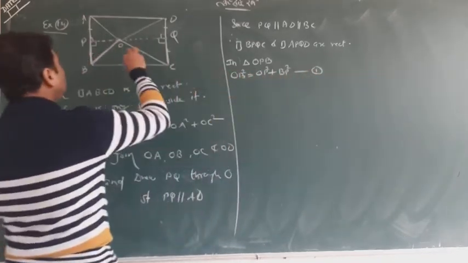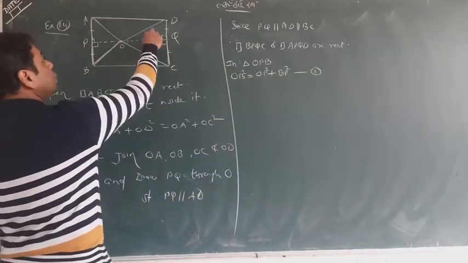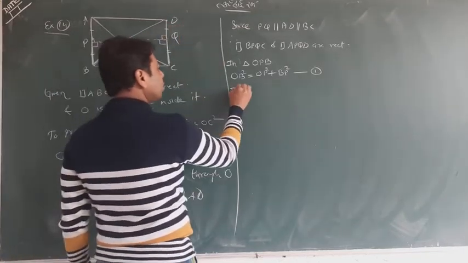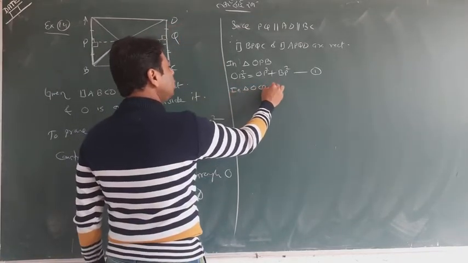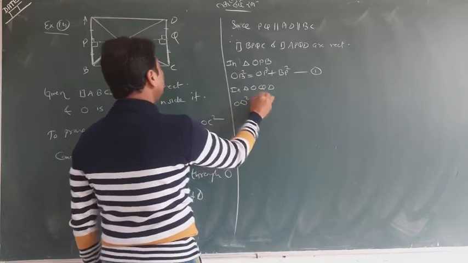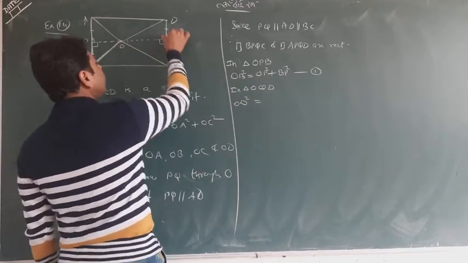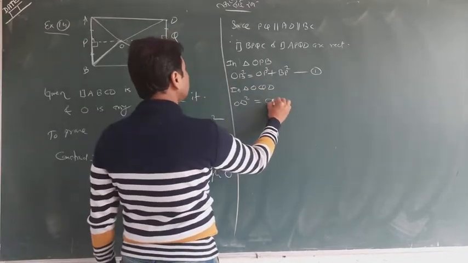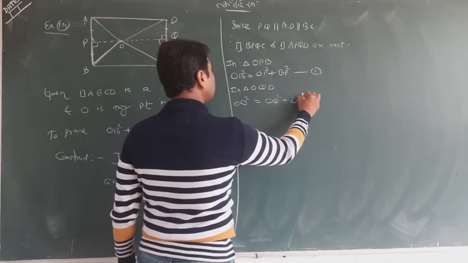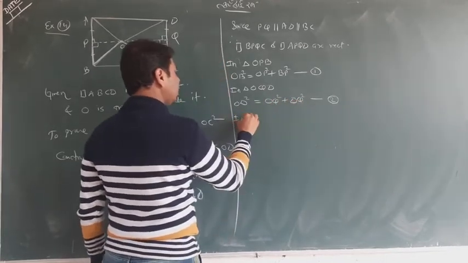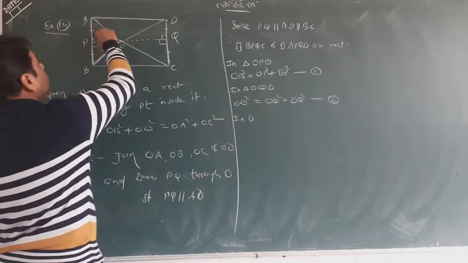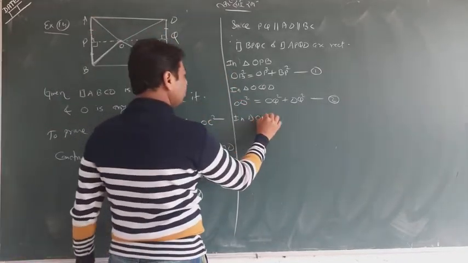1. I'll go on OD, meaning I'll go on OQD. In OQD, I have OD square equal to OQ square plus DQ square. Again, I'll go on OPA.